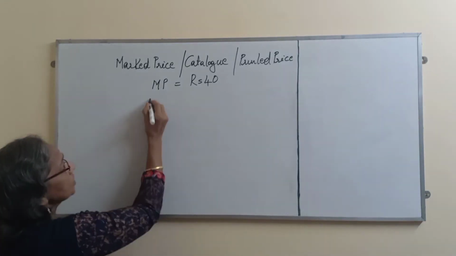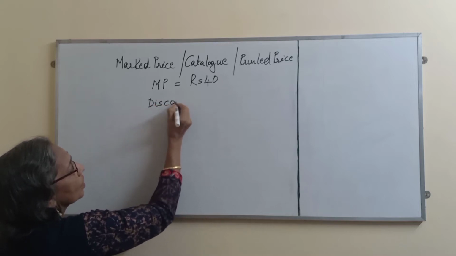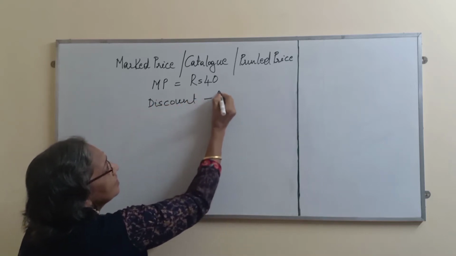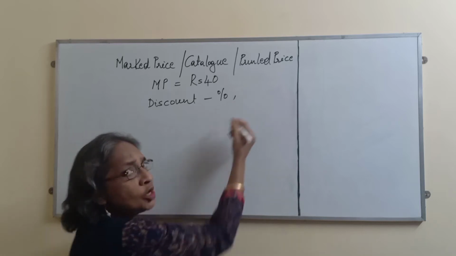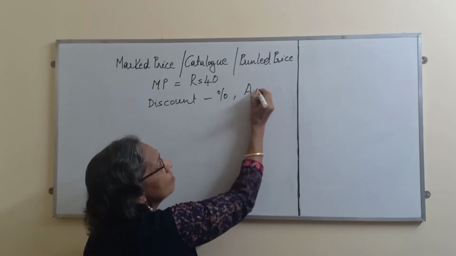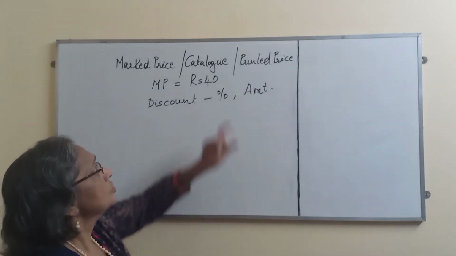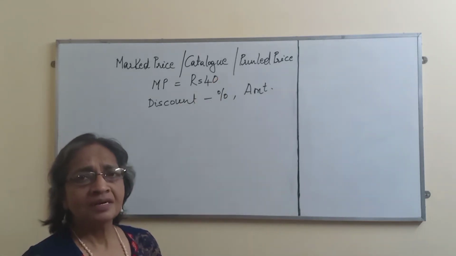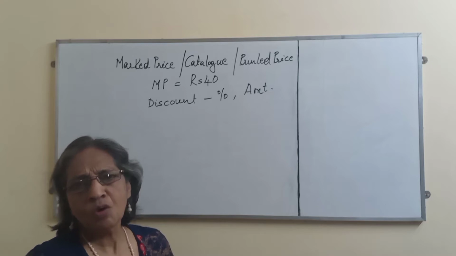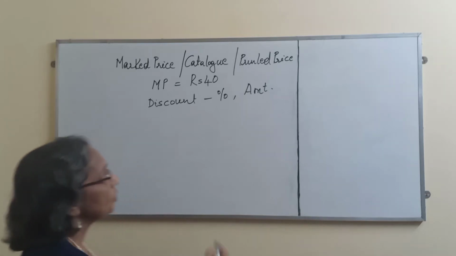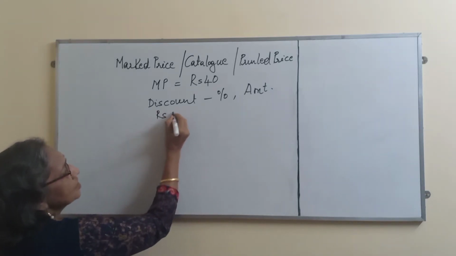So the discount can be either in a percentage form or it can be some amount. So for example, this was costing me 40 rupees and the shopkeeper says, okay, you take a discount of 10 rupees. So my discount is 10 rupees.